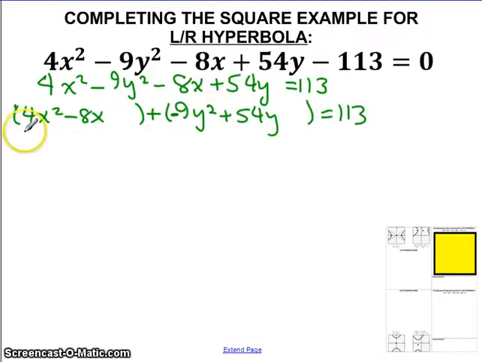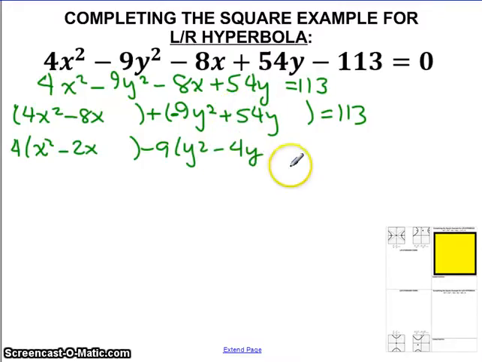All right, so now we're going to go ahead and factor out the 4 in this case. And I'm going to factor out the negative 9, so I'm going to have a minus here, minus 9 y squared, and then factoring out a negative 9 from 54 gives me negative 6y.